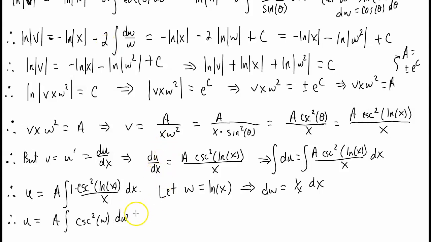So here we see that this is just going to be minus a cotangent of w. And this will be plus another constant. I'll just call it d here, since I think I've used c. And if you remember, w was natural log of x.